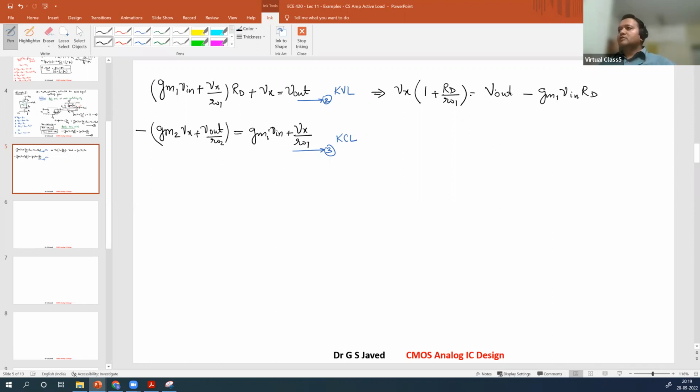This is one equation. Here this becomes Vx times (1 over RO1 when it comes to this side, plus gm2) is equal to minus V out by RO2 minus gm1 V in.